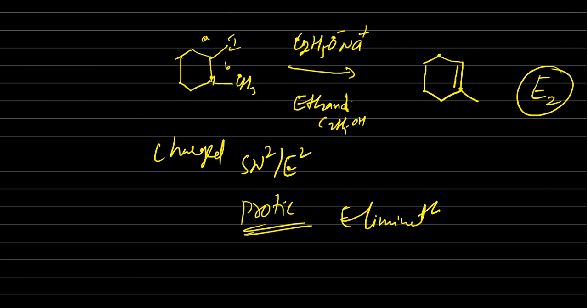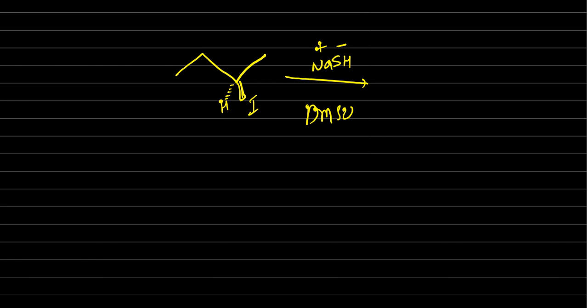Next, is it clear? Next, suppose here iodine is there, with stereochemistry also, hydrogen, then sodium hydrogen sulfide, Na plus SH minus, in DMSO solvent.